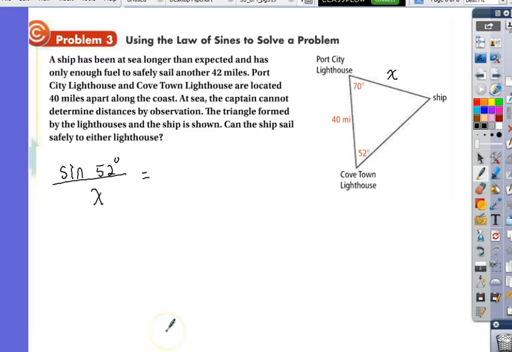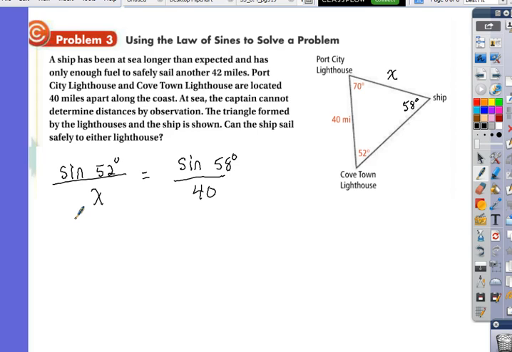I need to have another angle that's opposite this side. So I need to go ahead and compute this angle right here. Well, this angle is going to be 180 minus 70, which is 110. And 110 minus 52, which is 58. So that angle is actually 58 degrees. I computed that. And so now I can use sine 58 over 40 as my other proportion.